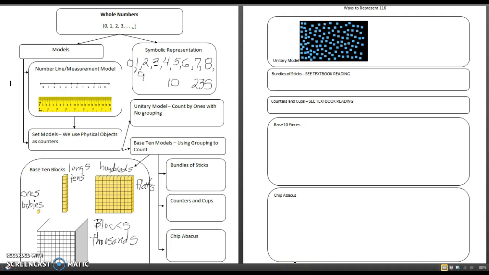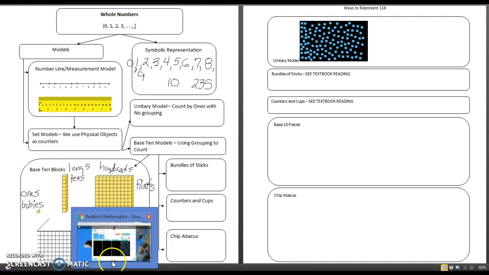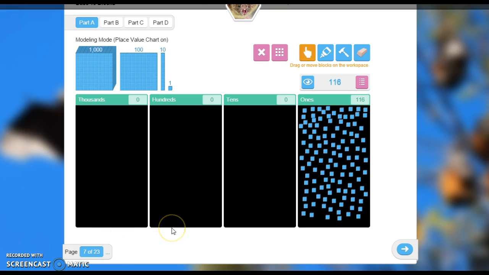So I'm going to go to a different screen here to show you some uses of the base 10 blocks. What I have on this screen is 116 ones. We're going to look at this in terms of how it looks in base 10 blocks, and how we can use these to help students learn how to write place value correctly.